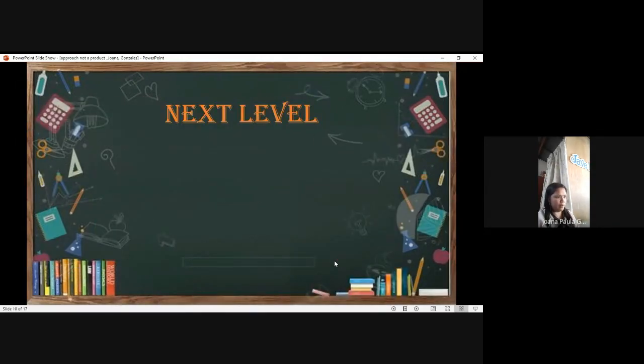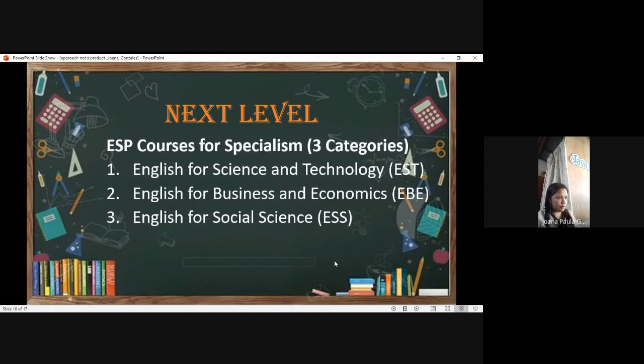Okay, next level. In ESP, courses for specialization have three categories. First, English for science and technology. English is the universal form of communication in science, although many countries still publish journals in their native tongue.